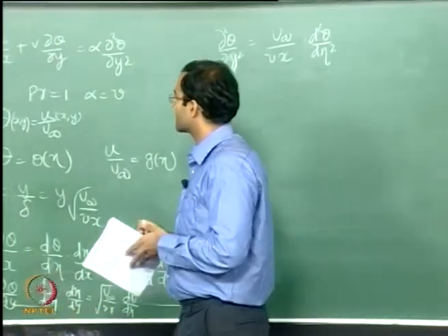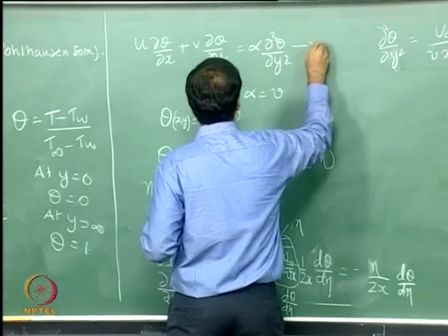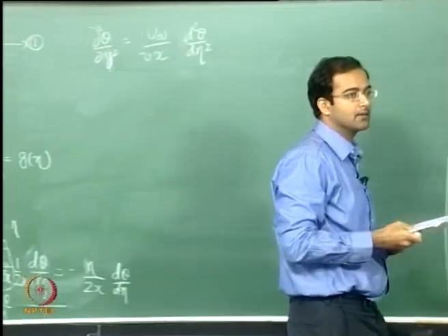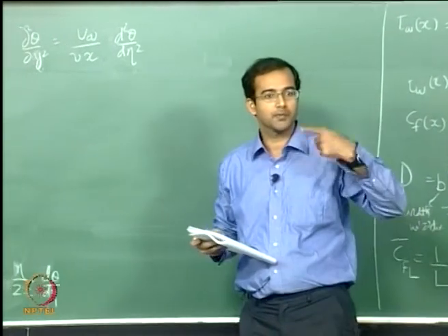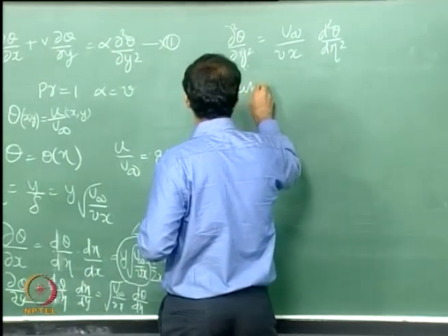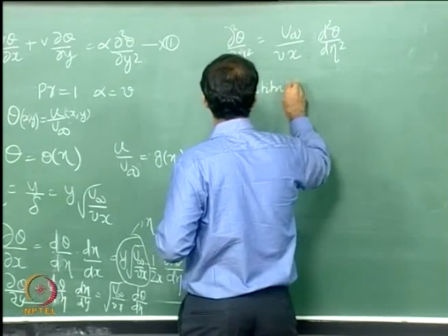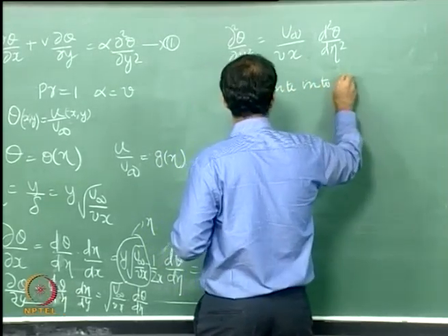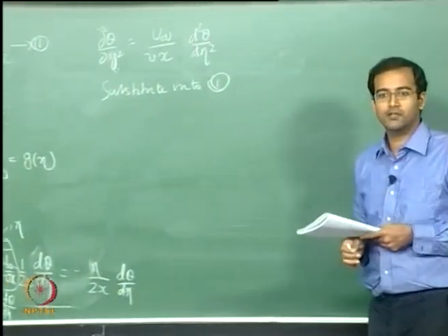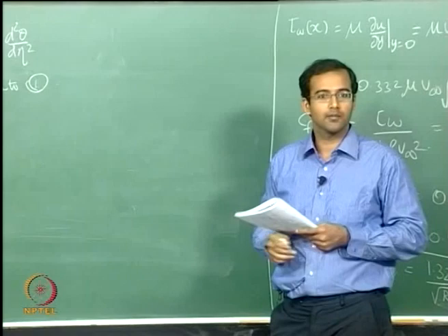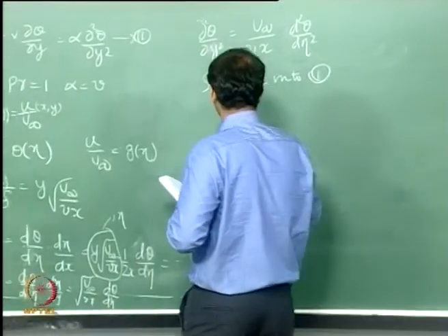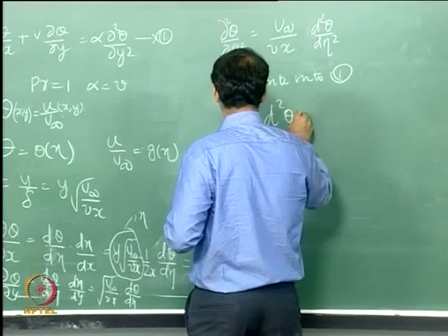So all this can be substituted. Let us call this equation number 1. You already know expressions for u and v, the similarity expressions which you had derived before. If you substitute all of this into 1, I am not going to do the substitution once again and make a nice form of this, but finally you get a neat expression which is actually an ODE.